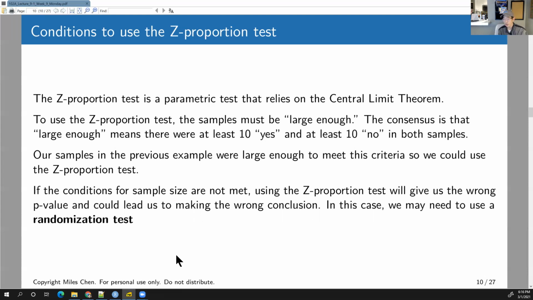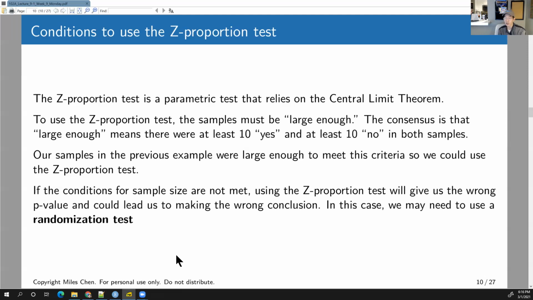In the case of using the central limit theorem for categorical variables, where you're using proportions, your samples have to be large enough, okay? The consensus is that you need at least 10 yes and at least 10 no's in both samples for your sample to be large enough. And that criteria is met.